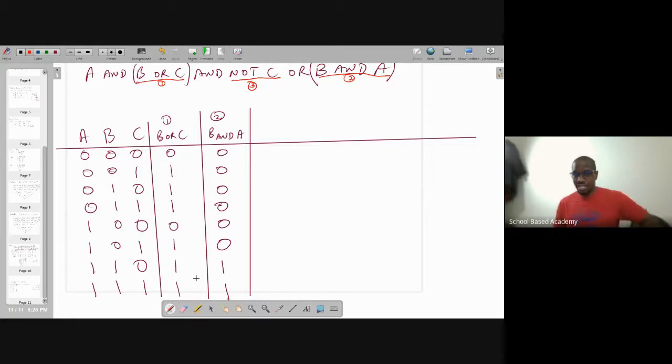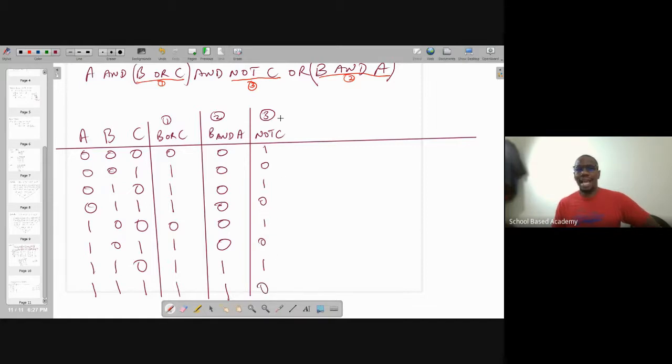And watch the result that we'll get here and watch what will come up at the end. So 3 is not C. Not C is easy. Just invert the column for C, right? So we end up with 1, 0, 1, 0, 1, 0, 1, 0.